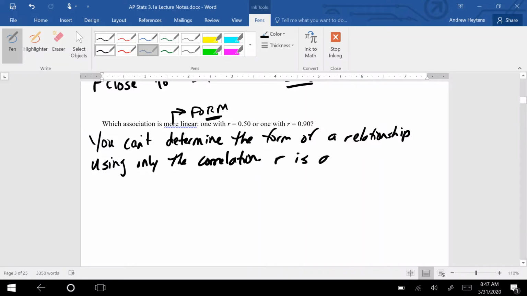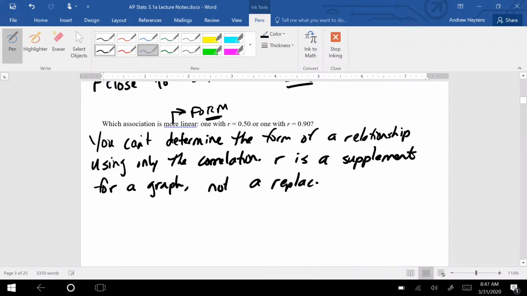R is a supplement for a graph, not a replacement. So you can say that the association is strong, or it's weak, or it's positive, or it's negative if you know your R value. You cannot say it's linear or nonlinear because you can't determine form using only the R value.